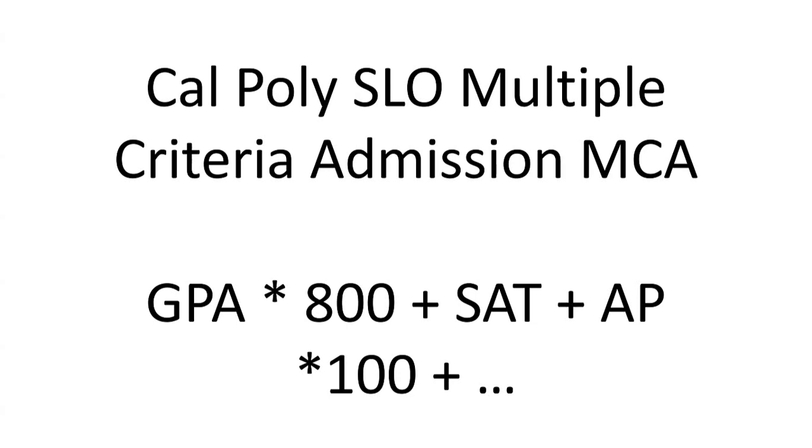It is similar to San Jose State, but more complicated, such as GPA times 800 plus SAT plus 1 AP calculus for another 100 points plus AP literature for 100 points plus AP language for 50 points, something like that. They will give you an overall formula, and they base on the formula to pick students.